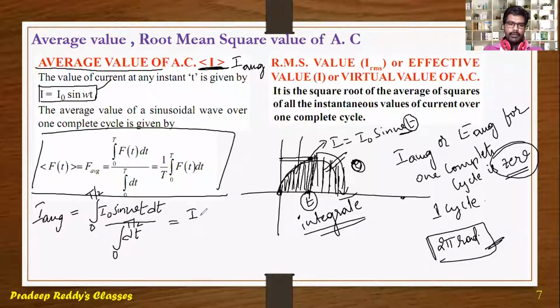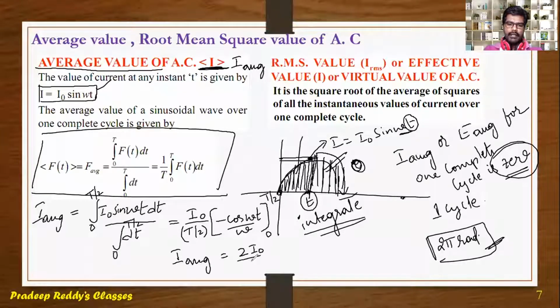This is equal to I naught divided by the integration of dt, which is t, with upper limit T by 2, and in the numerator sine omega t dt. The integration of sine is minus cos omega t divided by omega, with limits from 0 to capital T by 2. Wherever t is there, you just substitute capital T by 2. You will get I average is equal to 2 I naught divided by pi.